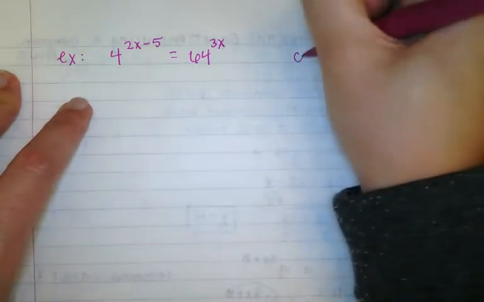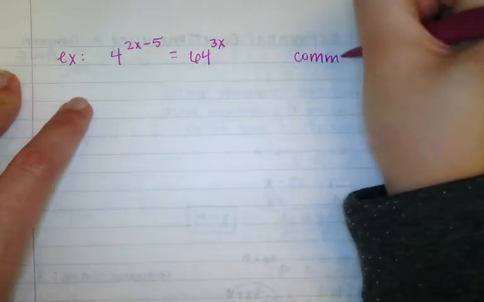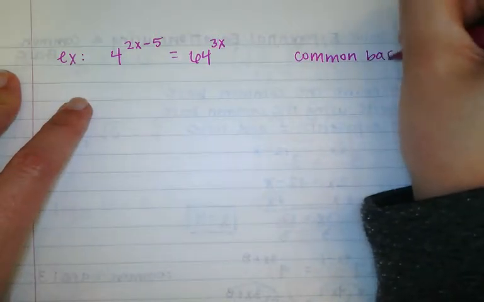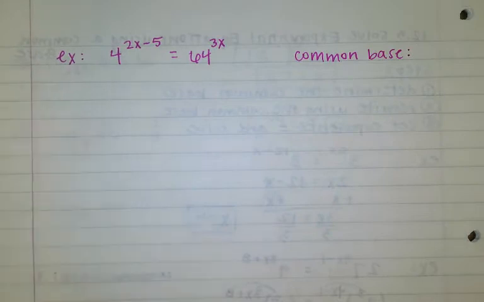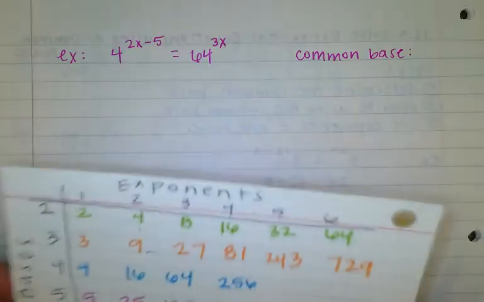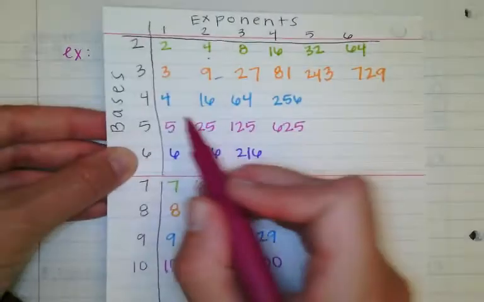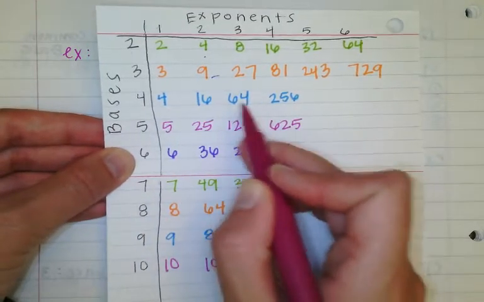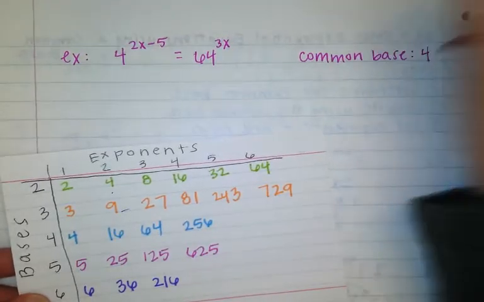So our first goal is to figure out what common base, what smaller number do these both come from that we can use. So usually I look at the smaller one and I see if it could be the common base. So if I look at 4, okay, 4 comes from 4 obviously, and 64 also comes from 4. So I'm going to go ahead and use 4.